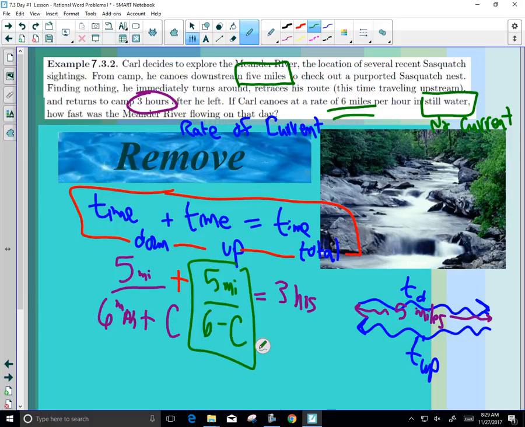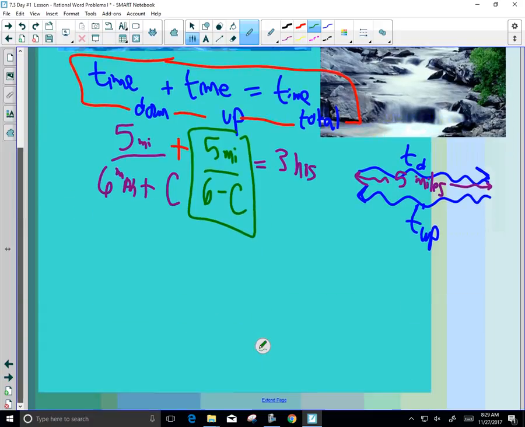There it is. And now what will we be able to solve for? 5 over 6 plus C plus 5 over 6 minus C equals 3. What will we be able to solve for now? C, and that's the rate of the current.